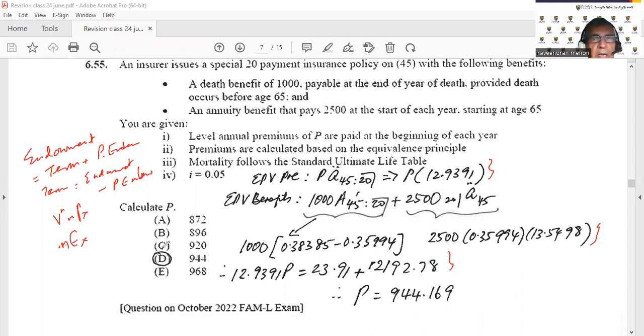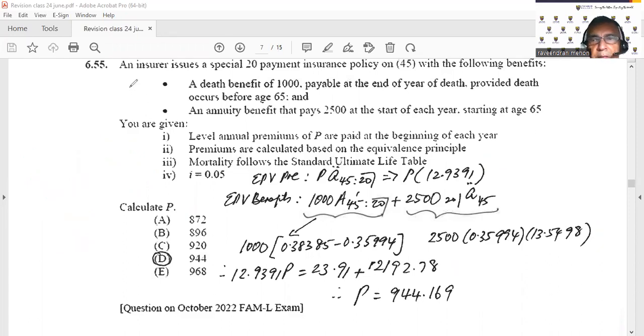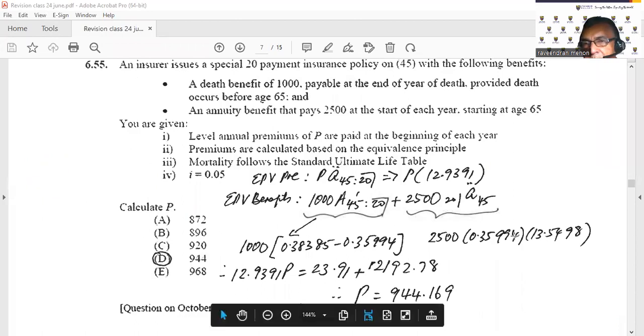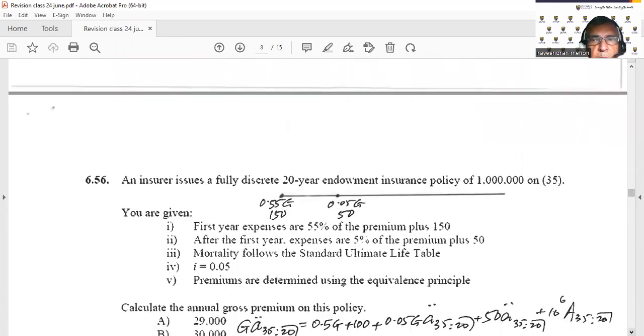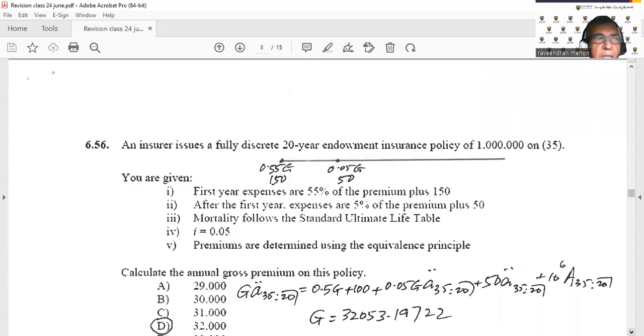Okay, let's move on, right? So I can clear this. Next problem. Okay, our next problem will be 6.56. Let's read the question carefully.